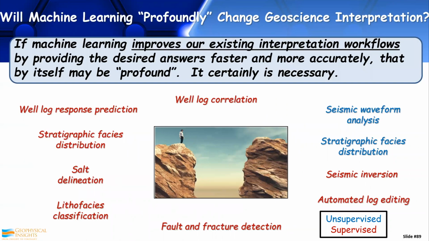But really, what does machine learning do to change geoscience interpretation? Everything in this list is currently being done and can be done today using a machine learning approach. About a month ago, I attended a webinar by TGS where they have come up with an AI method for reconstructing velocity logs in areas that they don't have those logs, but they do have well control.